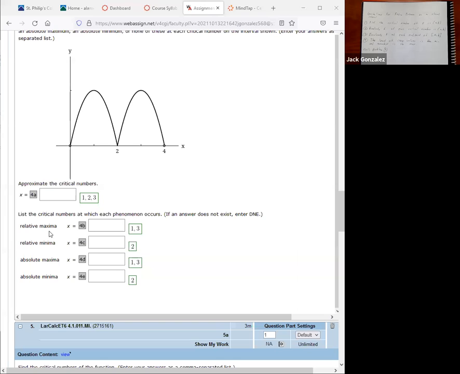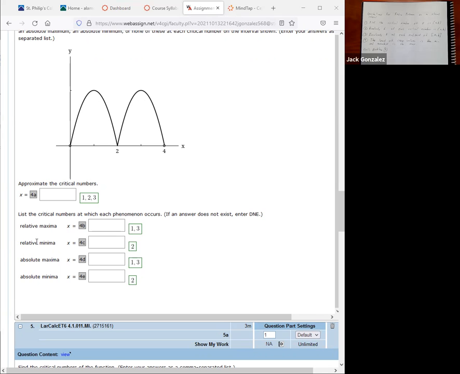So relative means, just list all the peaks, not the highest one, just all of them. So there's 2 peaks here, right? So it's asking you, where does it happen? So list the critical numbers at which each phenomenon occurs. So tell it which x values create the maximum. So at 1, we get this peak here. At 3, we get another one. So 1 and 3 are the answers.